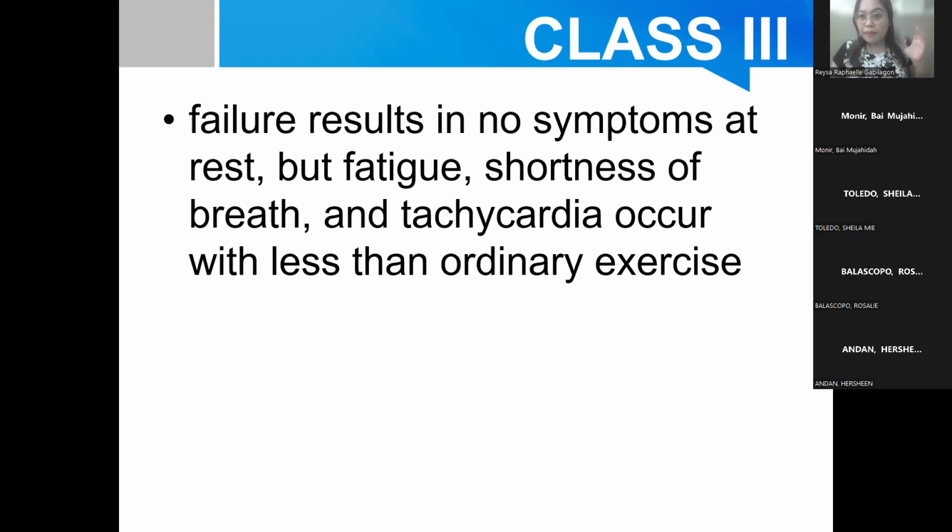Pero kahit konti pa lang, pinaglakad mo lang siya, example, galing kusina papuntang sala, less than ordinary activity yon. Pero kapag naka-experience siya ng problem sa paghinga, kahit yun lang yung nilakad niya, class 3 na yon ng heart failure. Less than ordinary activity tapos nagkaroon ng signs and symptoms.